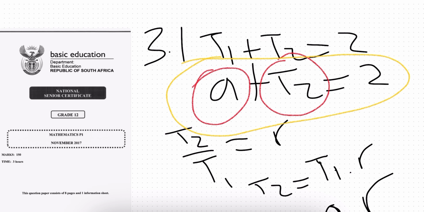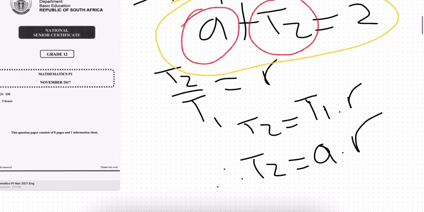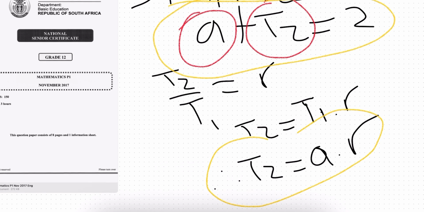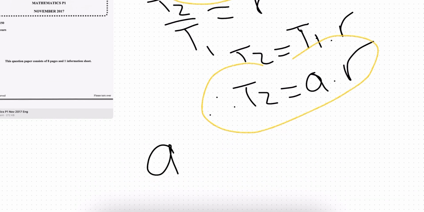In the place of t2, you can always plug this guy over here. So that means now you'll have a plus ar equals 2.